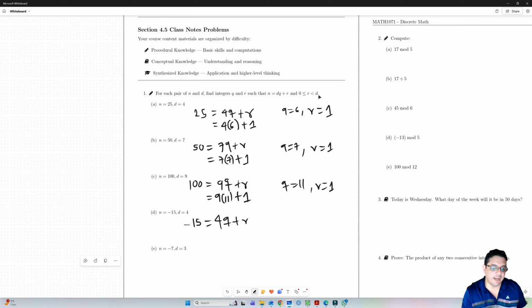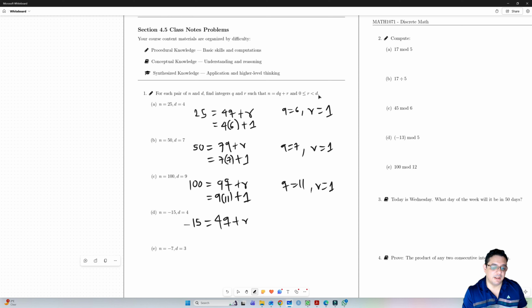Now if we try, let's say 4 times minus 3, we will get minus 12, but then r would have to be minus 3 so we can reach minus 15. And r has to be a positive number, at least 0, so I cannot use r being minus 3.